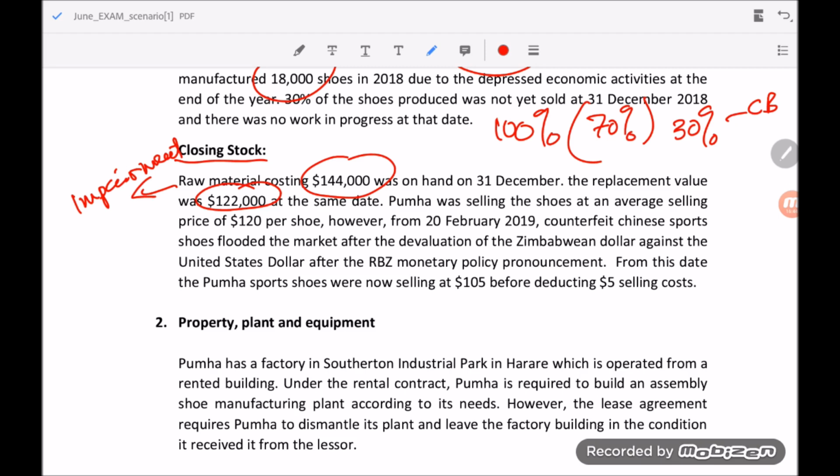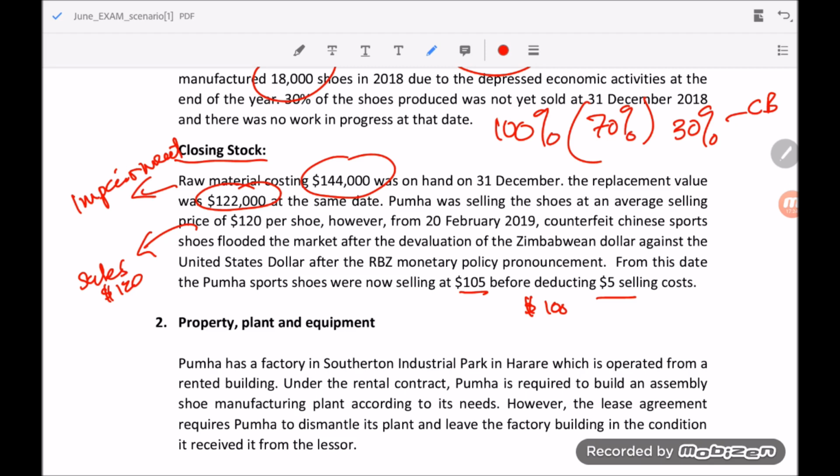Now, good information that we have here: for the period of 2018, we are told that by the end of the year, the inventory was selling at $120, so it can be assumed that the sales for 2018 were at $120. But when you look at subsequent to that, the selling price dropped to 105 before we consider selling cost, which means it actually came to 100 if we look at the net realizable value.